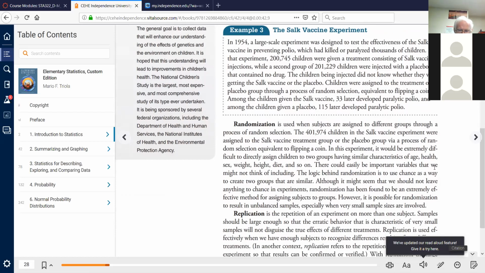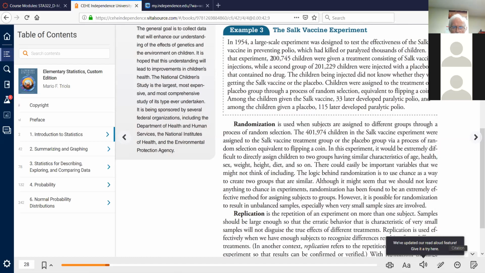So we have to look at all of the methods that were used to do this in order to prove that the vaccine itself was effective in preventing polio.